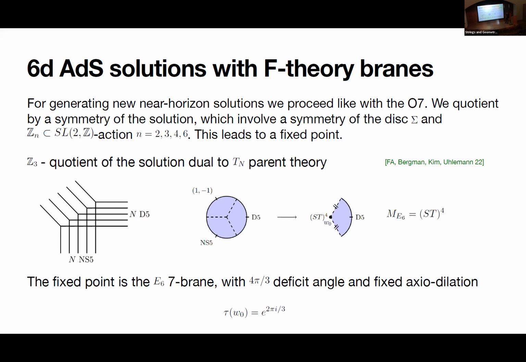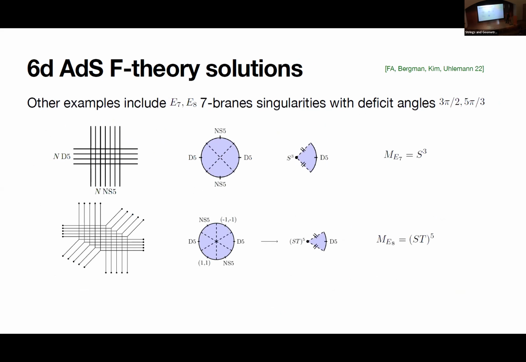So what you get is really, instead of a disk, a sort of cone, because you have a conical deficit at the center. And indeed, you can compute the deficit angle, and it's consistent with the 7-brane being E6.